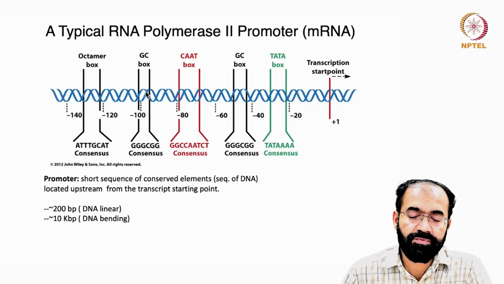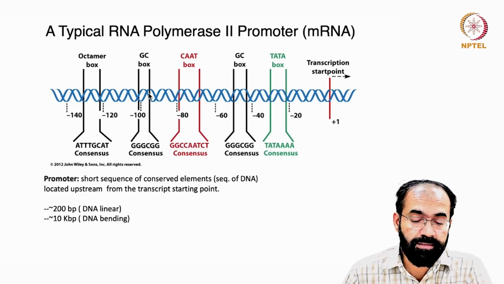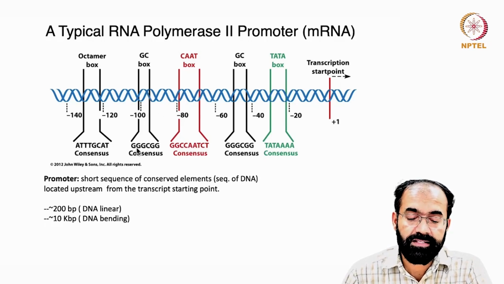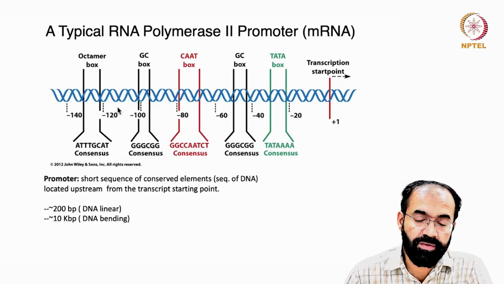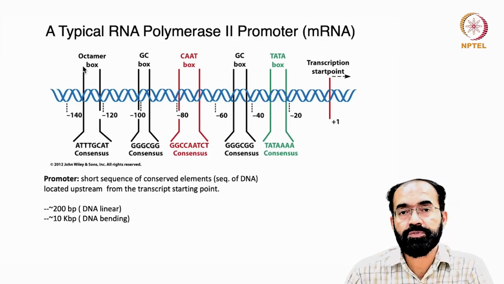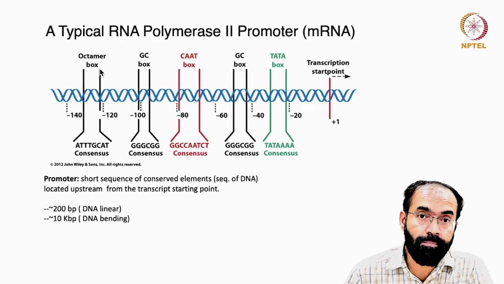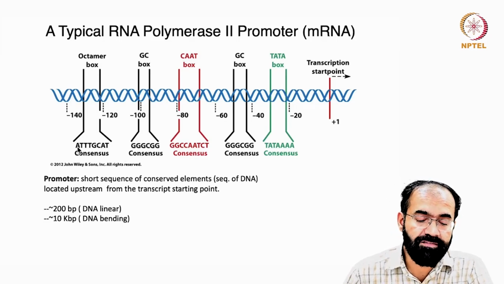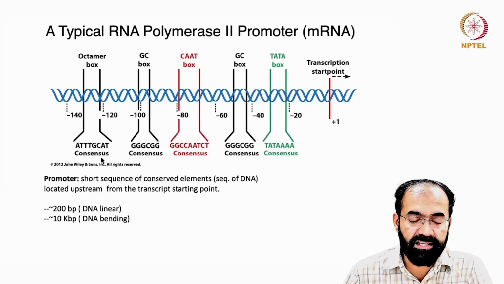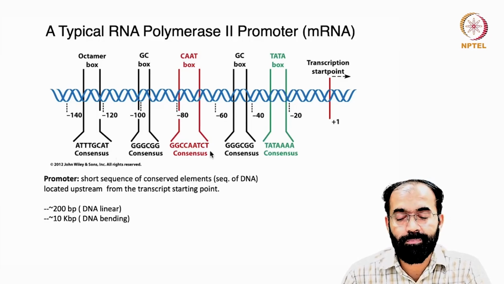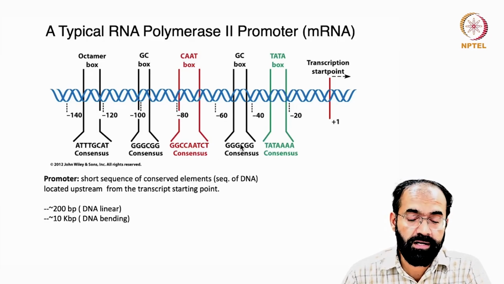And much upstream of that, you have another GC box that has the same sequence as the GC box you saw earlier, GGGCGG. That is the consensus sequence of a GC box. And then much upstream of that, you have an octamer box. An octamer box has a sequence of ATTTGCAT. That is the consensus sequence. So this comprises the so-called promoter region or promoter sequence.